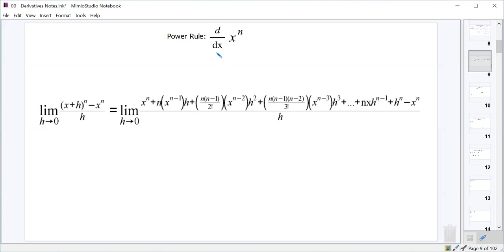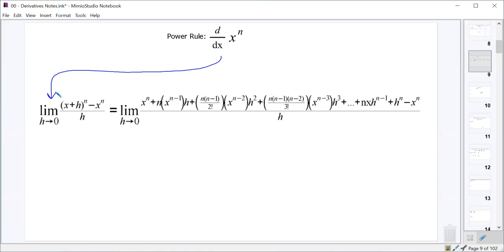So if we were to write out the derivative with respect to x of x to the n as a limit, we get the limit as h approaches 0 of the function at x plus h, so x plus h to the power of n, minus x to the n all over h. And looking at this, x plus h is like the form a plus b to a power, a plus b to the n.